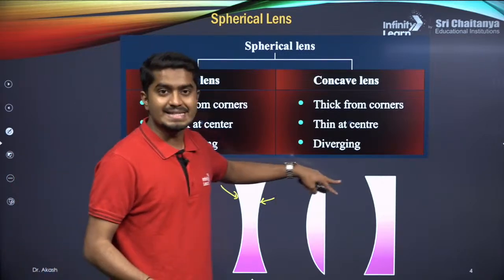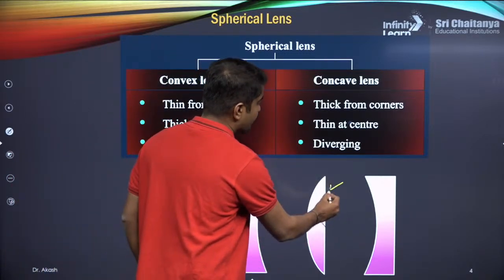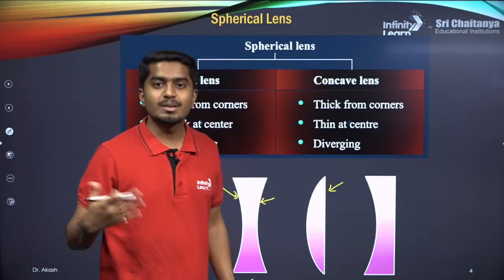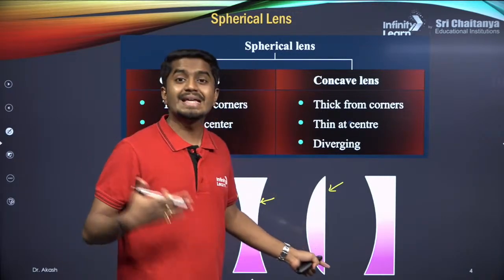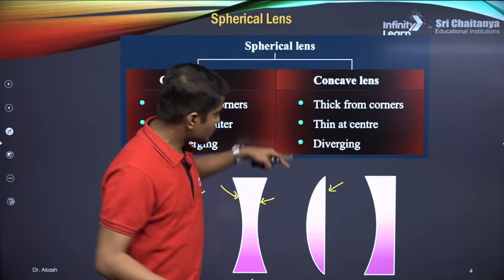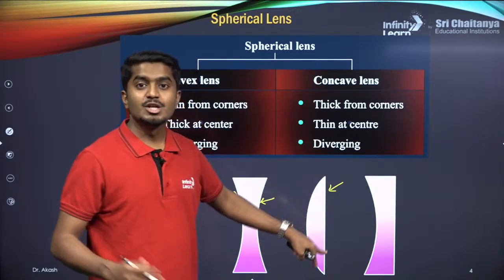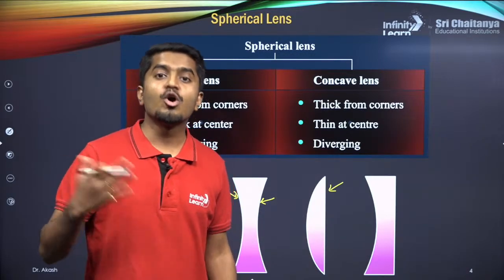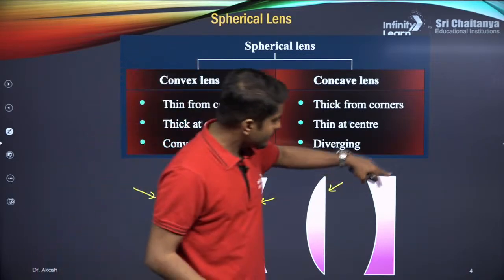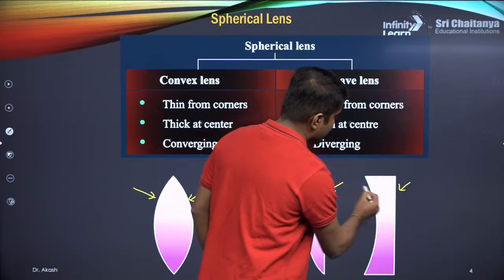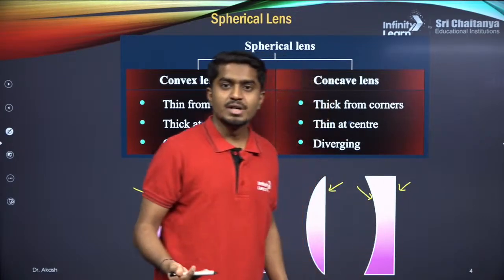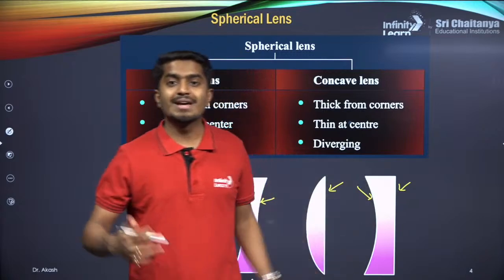For example, in this lens, one surface is planar. There is not a plane mirror, but there is a plane surface, right? So this is a plano-convex lens. How about here? One surface is plane, another surface is concave. So this is called a plano-concave lens.